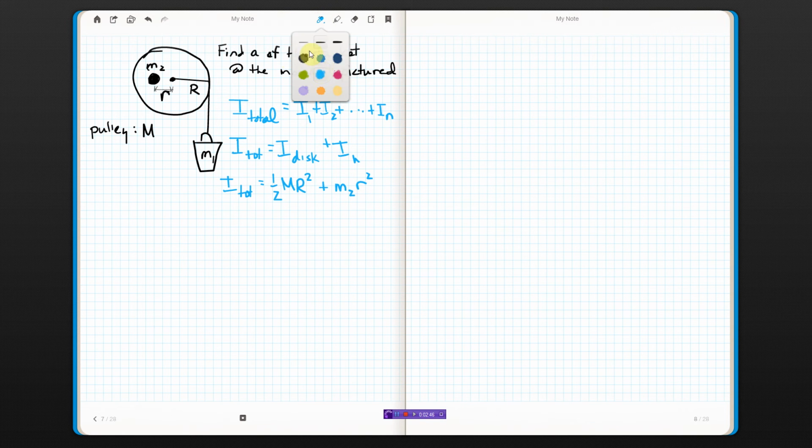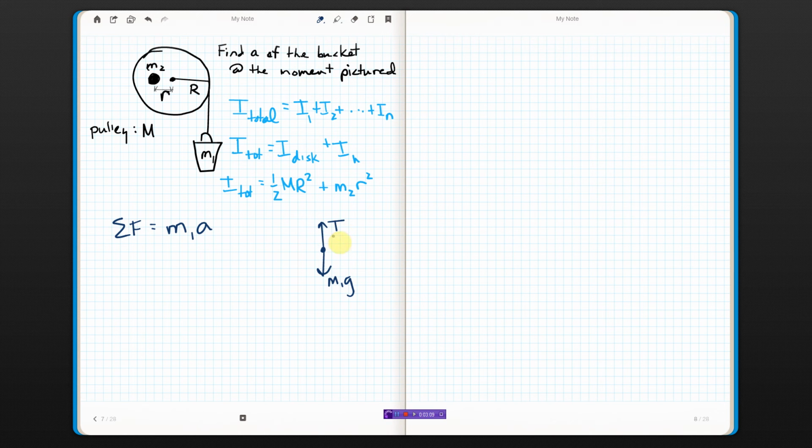All right, other than that, we kind of do this the same way that we did the last problem. So I do net force equals the mass of the linear thing, which is m1, times a. This has mass times gravity down, tension up.